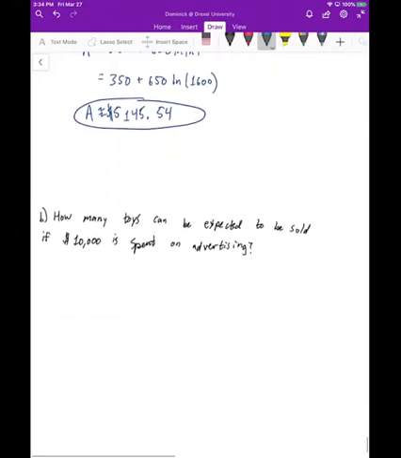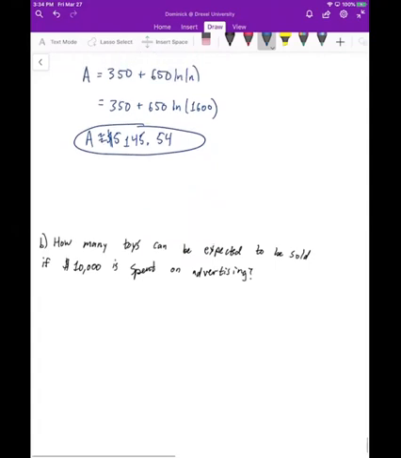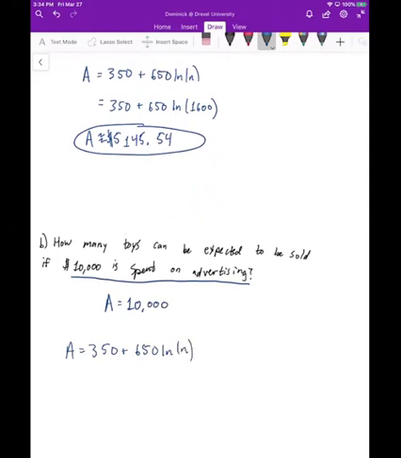Okay, now in part B, we want to know how many toys can be expected to be sold if $10,000 is spent on advertising. So now we're actually being given our A value. This is telling us that A is 10,000. Again, our formula is A is equal to 350 plus 650 ln of n.